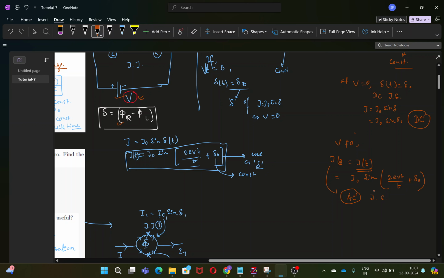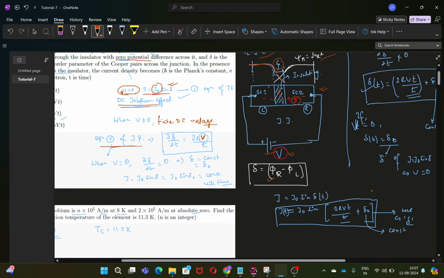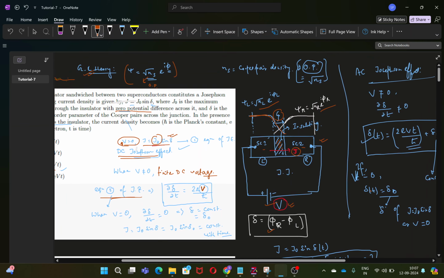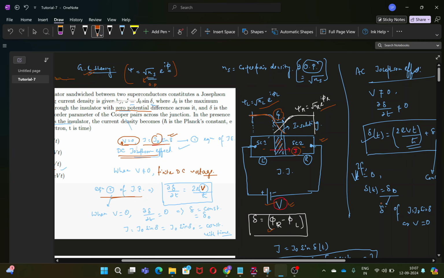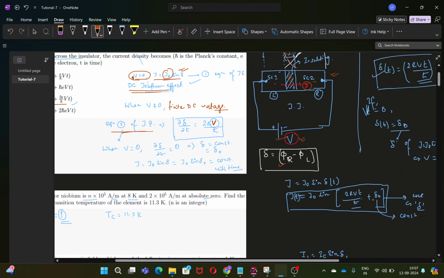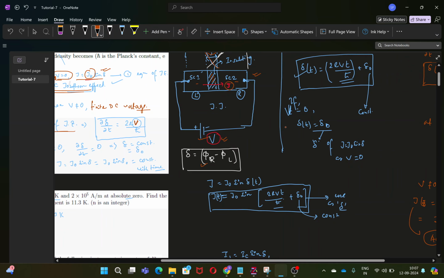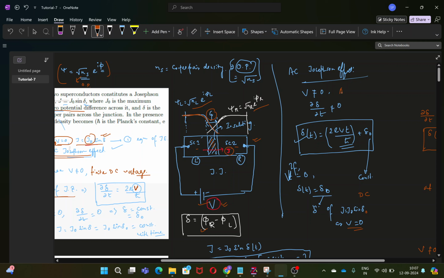Okay, so this is what is happening in this case, and you can see from the earlier solution that I had done the same thing: if delta is the phase difference phi r minus phi l, then for the DC Josephson effect, your delta is a time independent constant term delta naught, and simply J equal to J naught sine delta naught for V equal to 0. But when your V is not equal to 0, then you are reducing it to the AC Josephson effect.